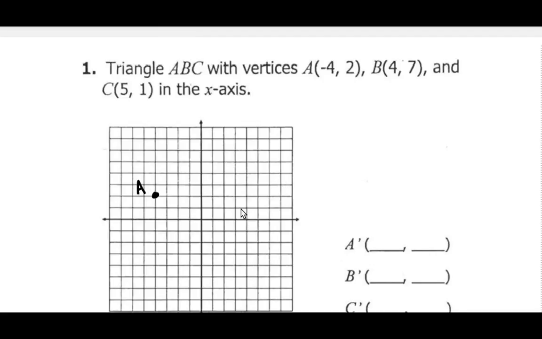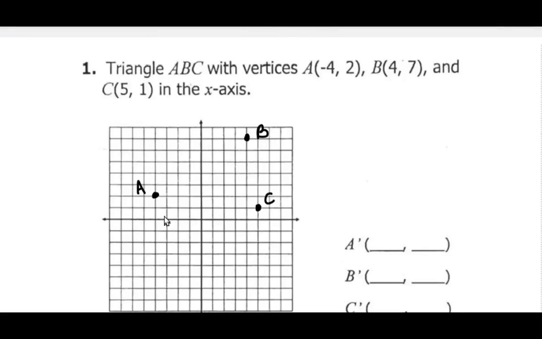So be careful to plot correctly. B is 4, 7. 1, 2, 3, 4, up 7. Label that B. And C is 5, 1. So again, just double check that you've plotted everything correctly. And we label A, B, and C.